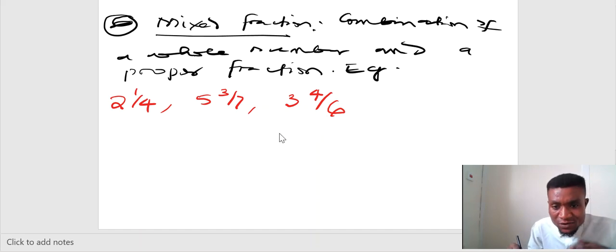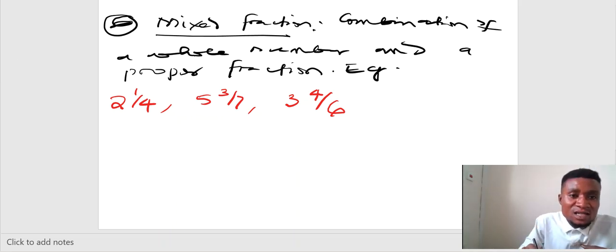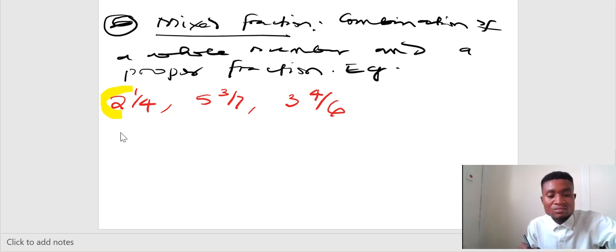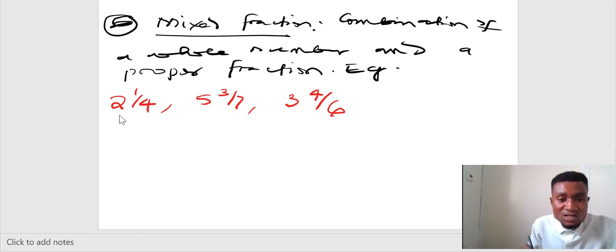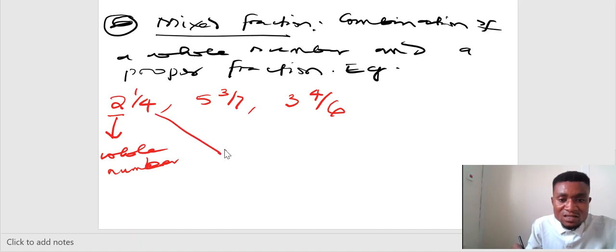Now, if you look at this example very critically, you will discover that here becomes the whole number, and this becomes what? Your proper fraction.